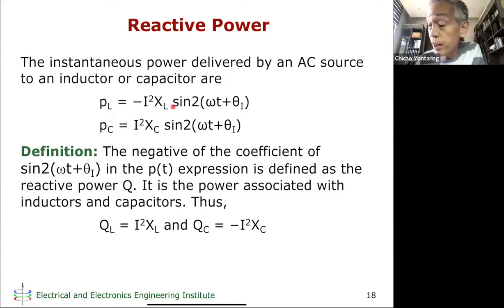We take the coefficient, then take its negative. This, in the P expression, is defined as your reactive power, and the symbol for reactive power is Q. This is the power associated with inductors and capacitors. So for an inductance, Q of L is I squared XL, and Q of C is negative I squared XC.